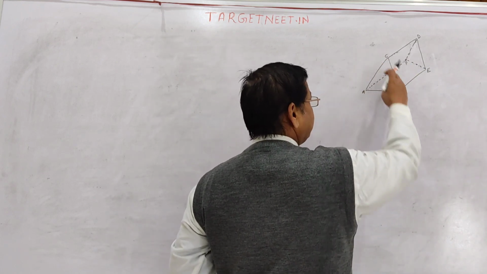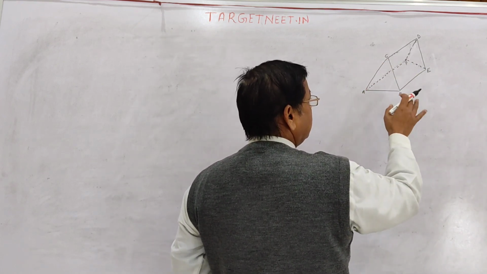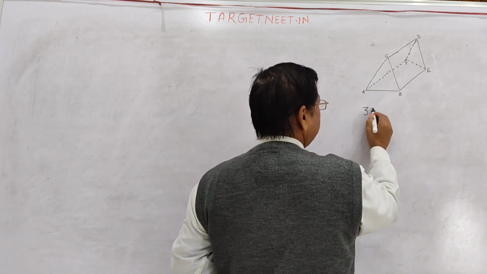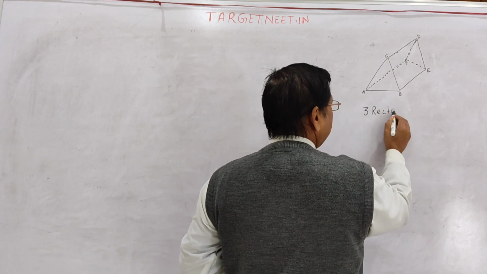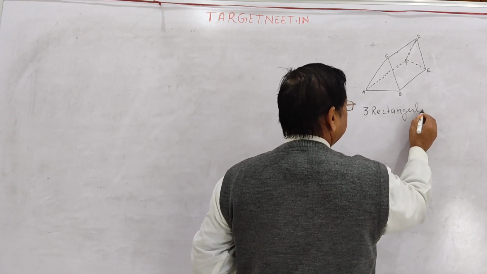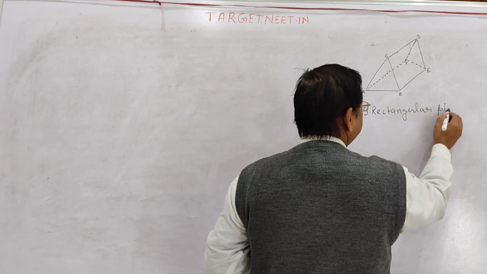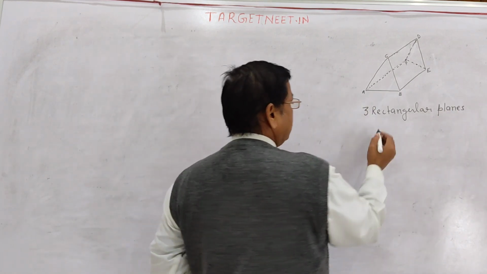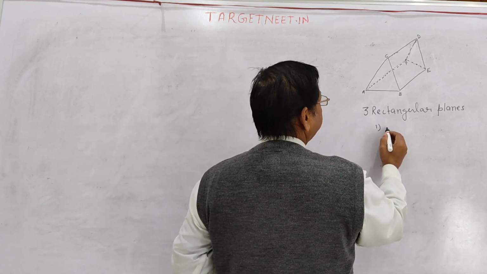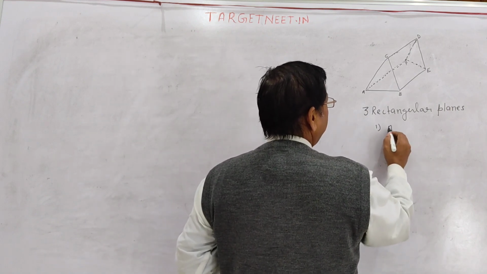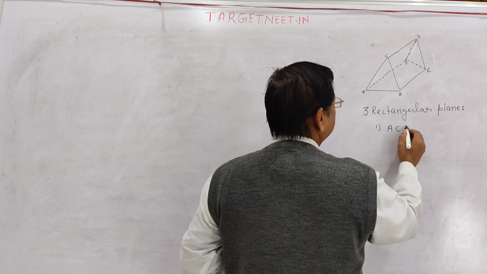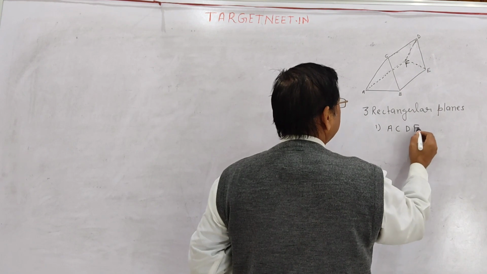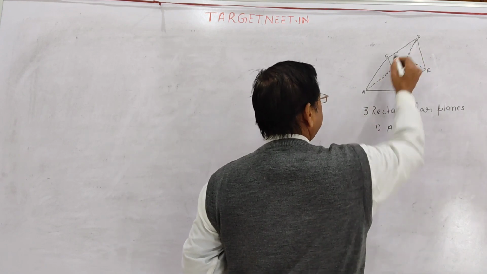There are three rectangular planes touching each other. So it consists of three rectangular planes touching each other. Plane number 1 is A, C, D, F. This is plane 1.